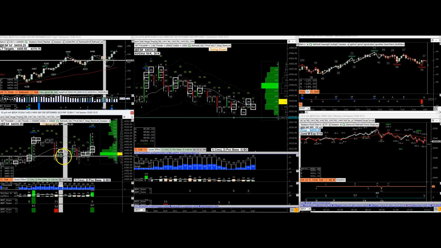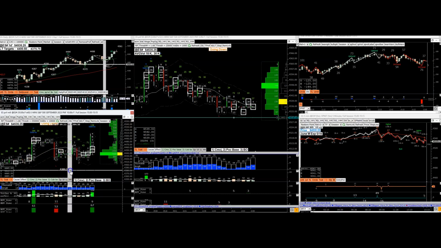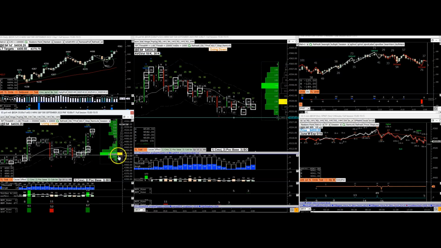As it goes to the area, it starts building lines of support, and those lines have big volume.